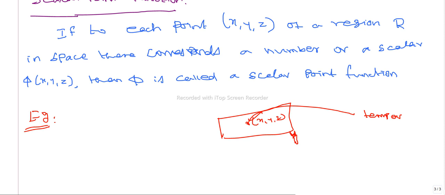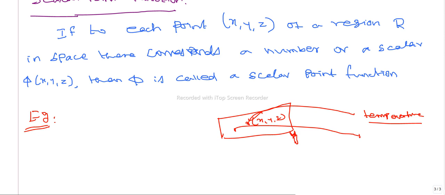So for each point the temperature may be different. Therefore the temperature is the function, and temperature is just a number. For each point we have a number, and that number is nothing but the temperature of the point. Or if you take the pressure, each point has some pressure, and the pressure is some number.